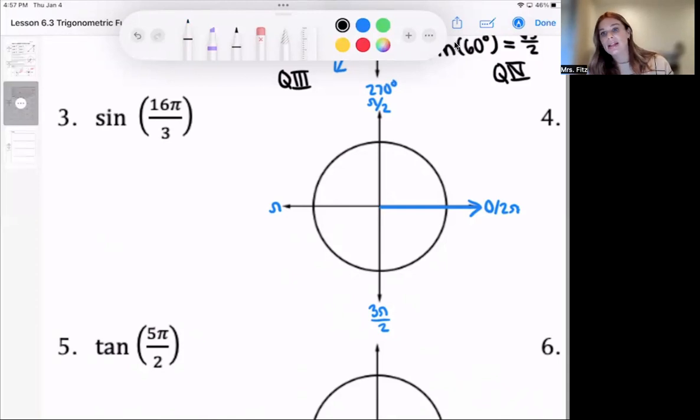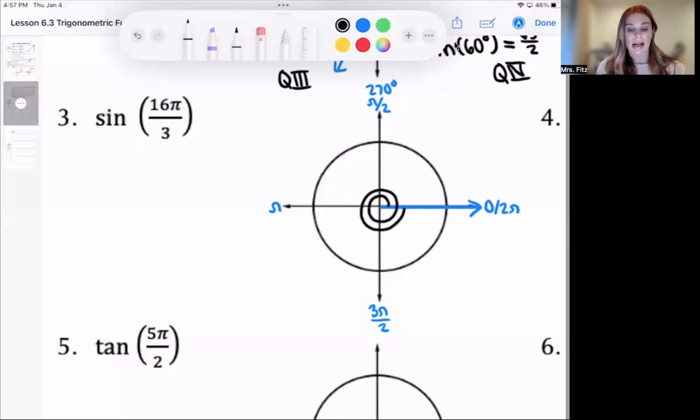So 2 pi would be 4 pi over 2, or 6 pi over 3. How many 6 pi over 3s can we fit in there? It looks like 2. So we can go 2 full rotations.